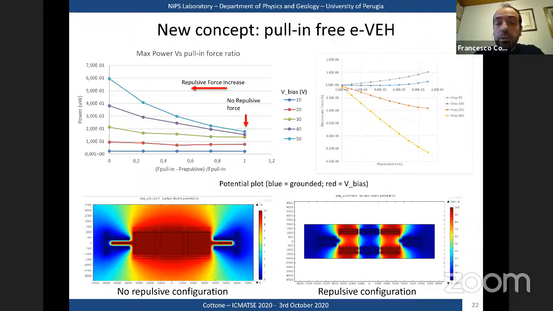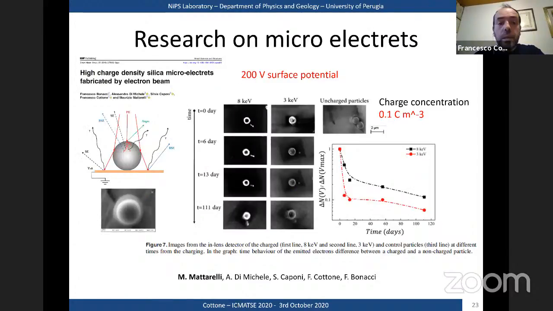Another research that we are carrying out related to the electrostatic vibration energy harvester is research about electret materials that can be embedded or integrated with the generators. One material that is quite interesting is silica, or silicon dioxide, microspheres that can be found commercially.